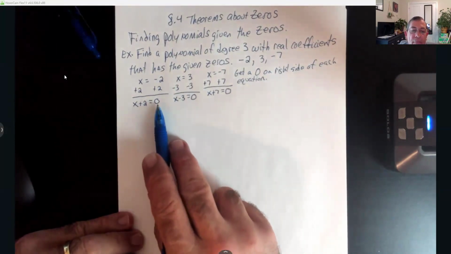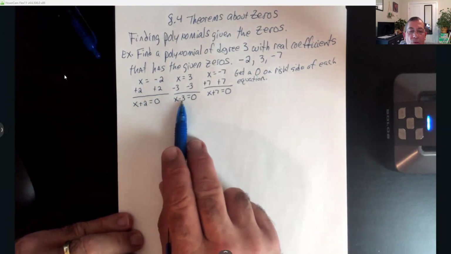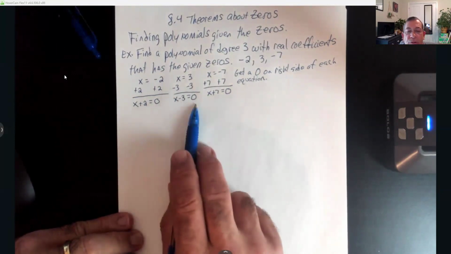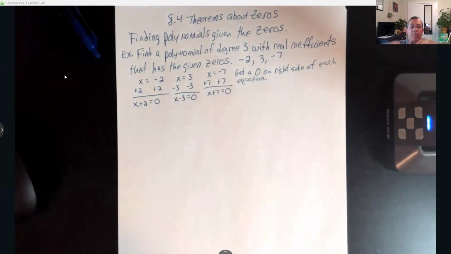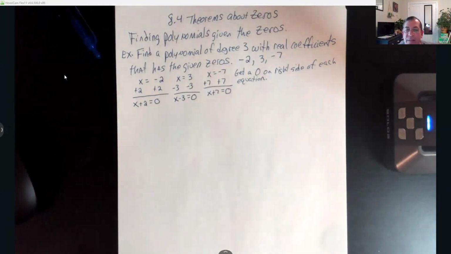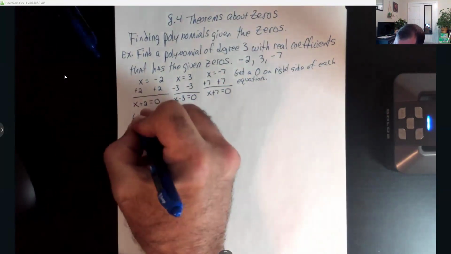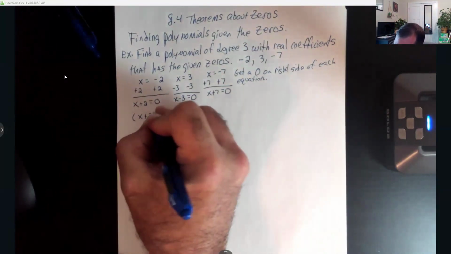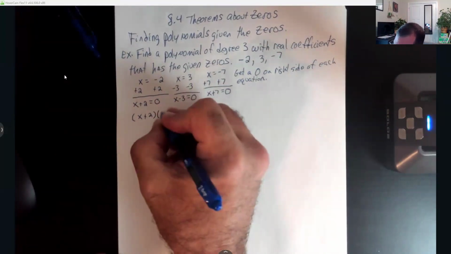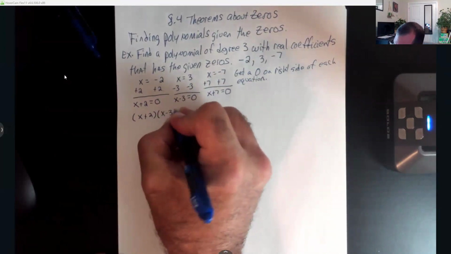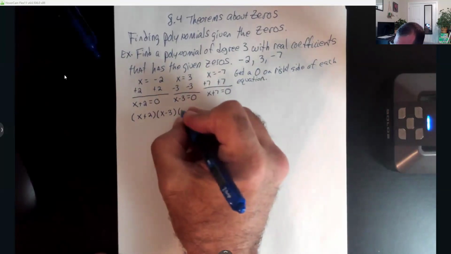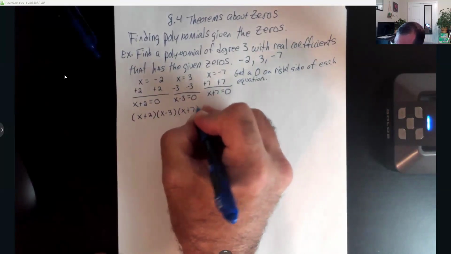So now, since all 3 of these equations are equal to 0, I can multiply all 3 of these together and still make it equal to 0. So we're going to do (x plus 2) times (x minus 3) times (x plus 7).